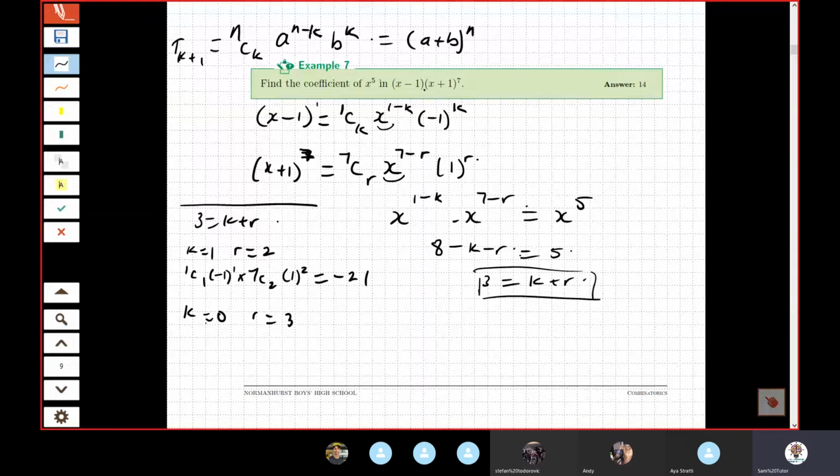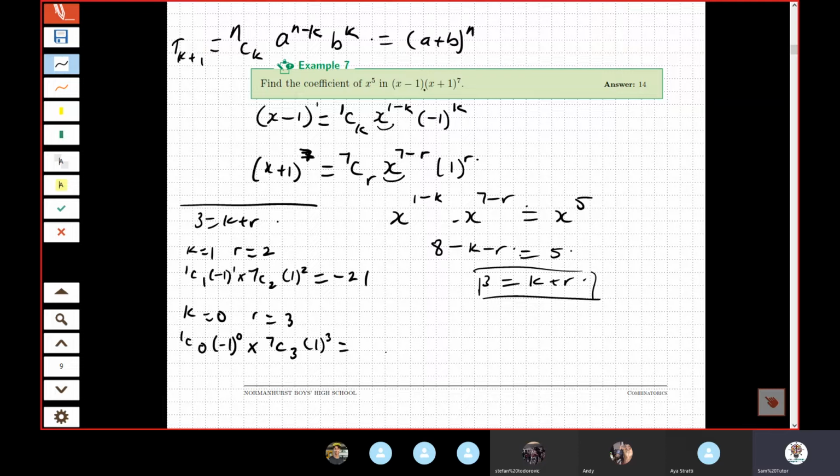And then when k is 0, we get 1 choose 0, x to the power... oh, you don't need x because you're only looking at the coefficient, right? Negative 1 to the 0, times, r is 3, 7 choose 3, and then 1 to the 3. Okay, what do we get for that one?